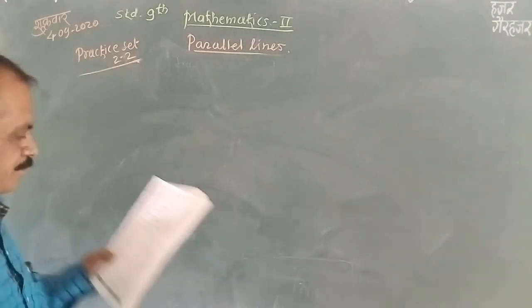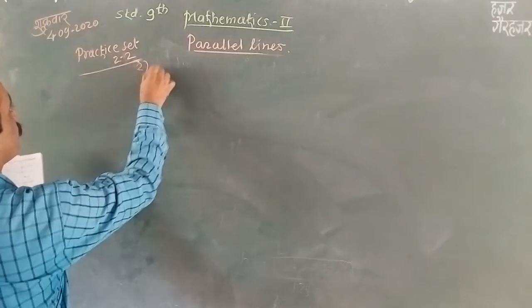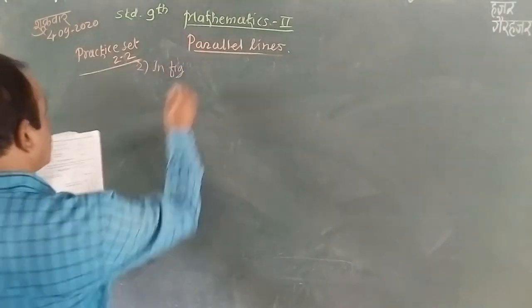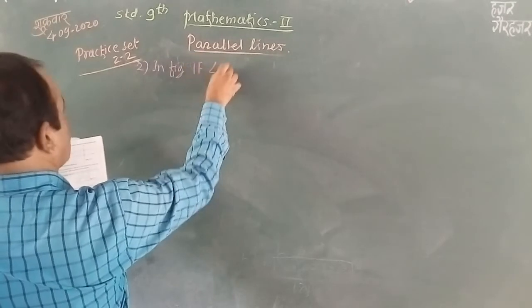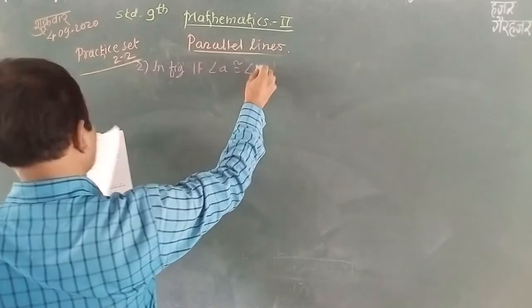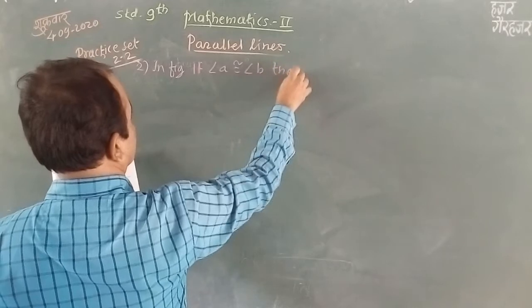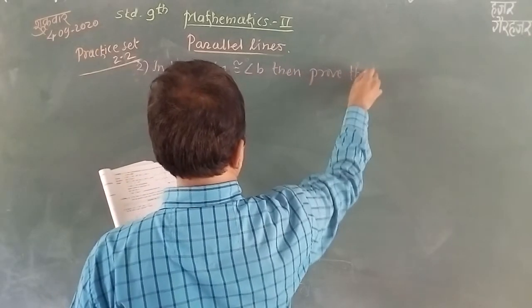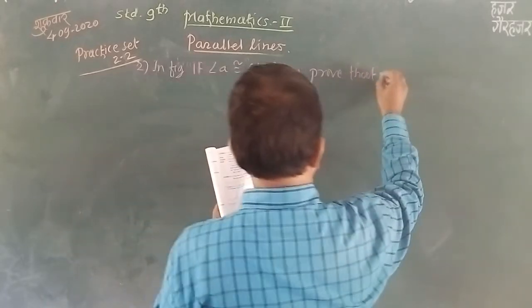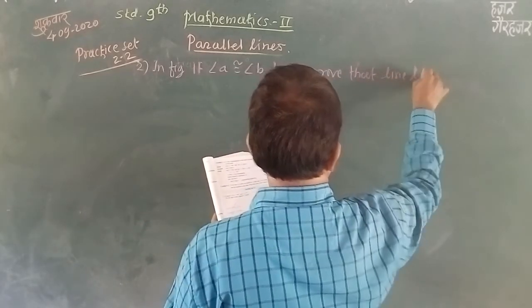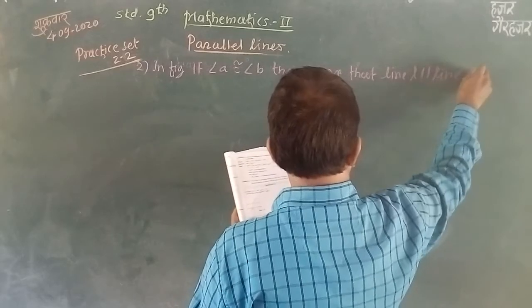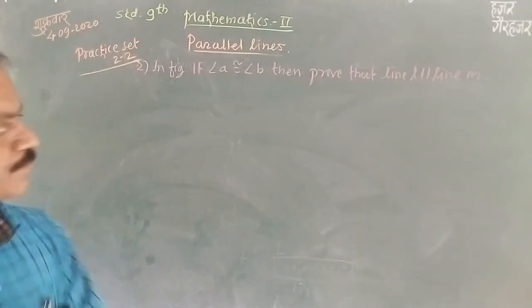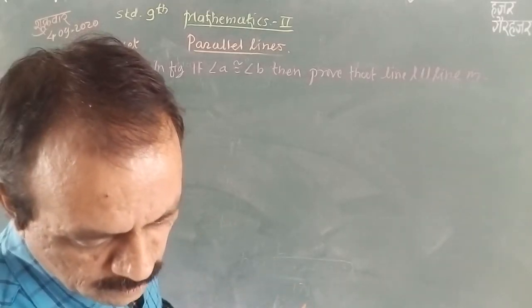Second example, in the figure, if angle A is congruent to angle B, then prove that line m is parallel to line n. So we draw the figure of these two lines.